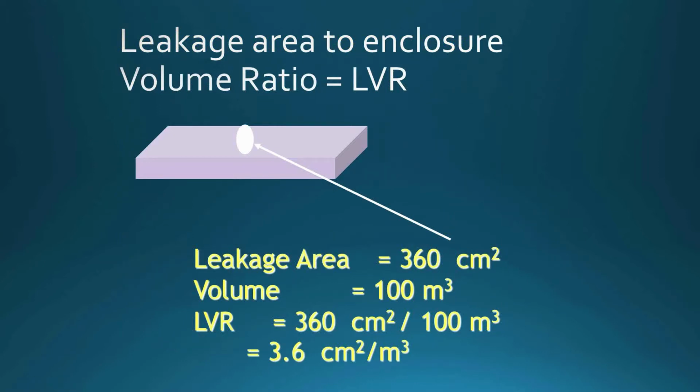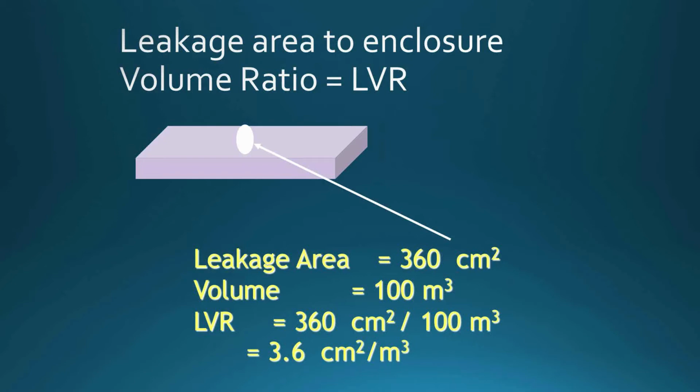In order to depict enclosure leakage as it affects peak pressure, we had to come up with a simple way of evaluating one enclosure to the next, and we came up with the idea of the leak to volume ratio. So the idea is that when the enclosure volume doubles, the leakage area has to double to maintain the same peak pressure.